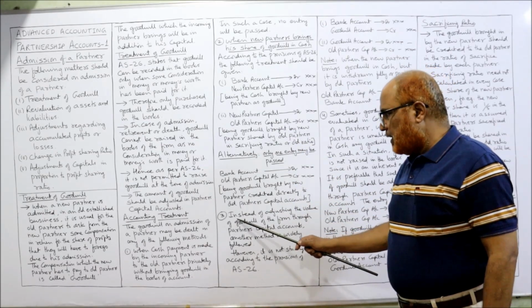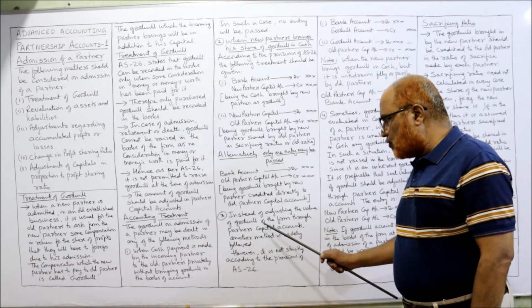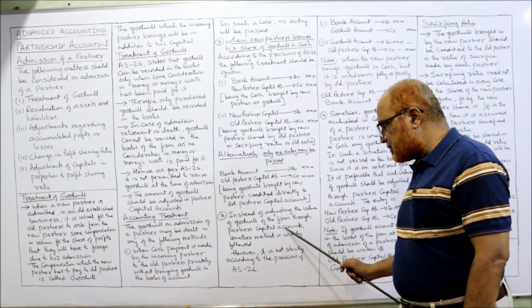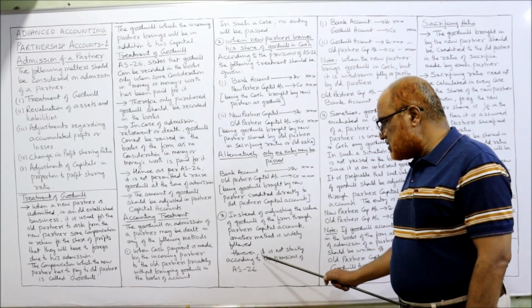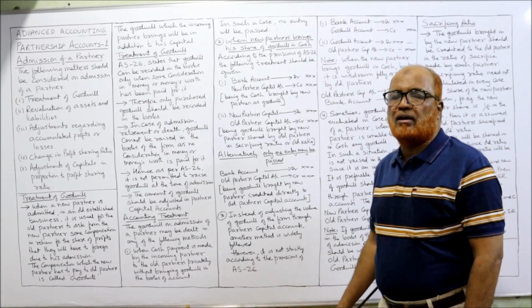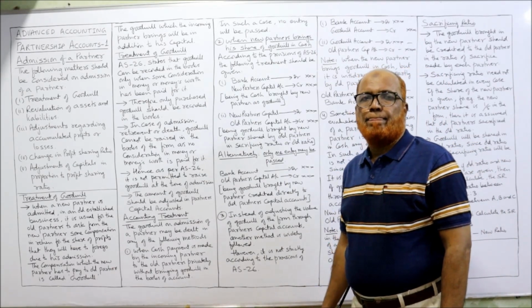Now, third one. Instead of adjusting the value of goodwill of the firm through partners' capital accounts, another method is widely followed. However, it is not strictly according to the provisions of AS 26.